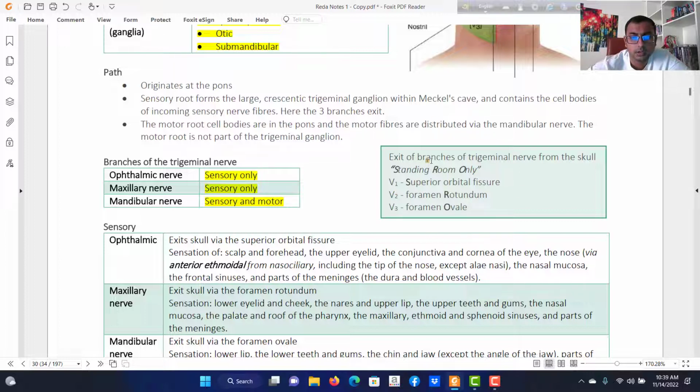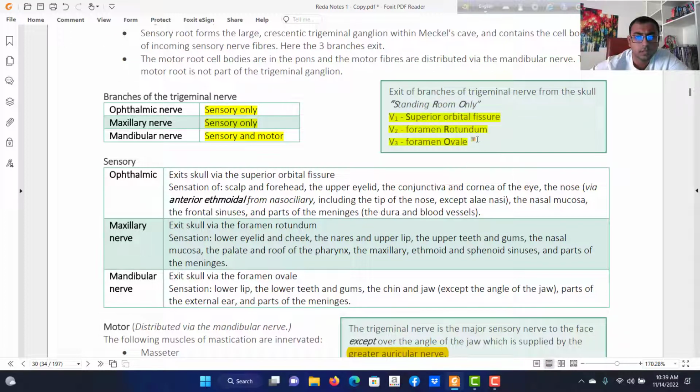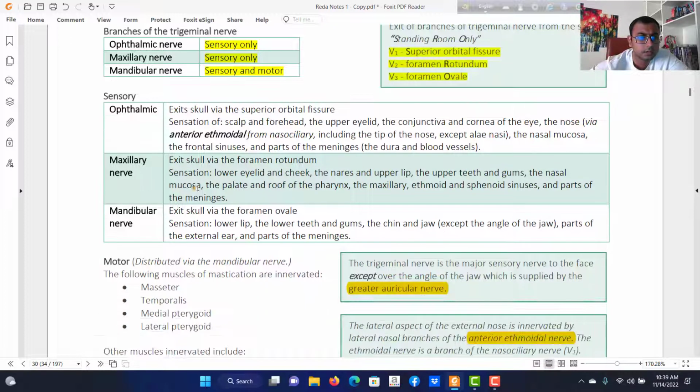These are the three important trigeminal divisions to the skull: the ophthalmic nerve through the superior orbital fissure, the maxillary division through foramen rotundum, and the mandibular division through foramen ovale. Rotundum, maxillary; ovale, mandibular.